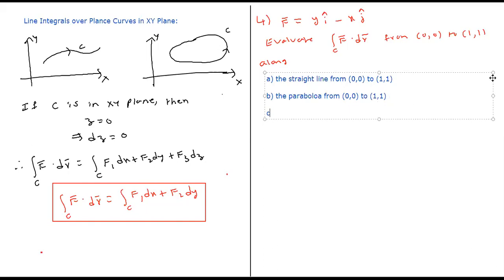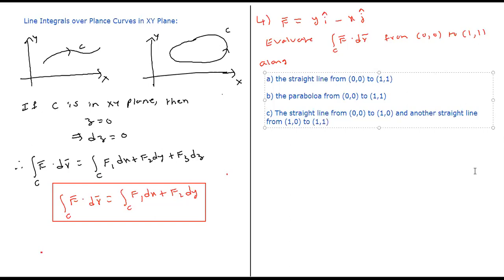The third one is a straight line from 0, 0 to 1, 0, and another straight line from 1, 0 to 1, 1.